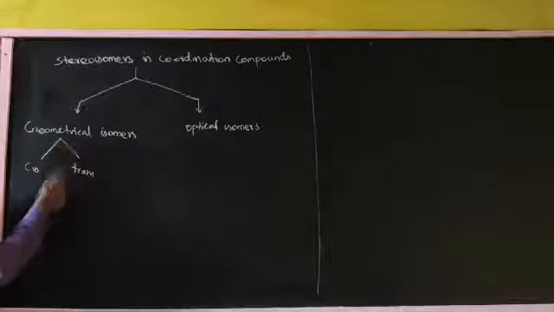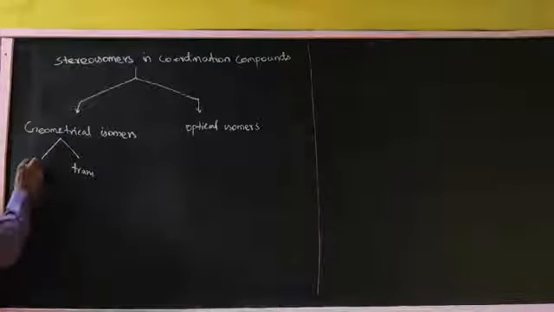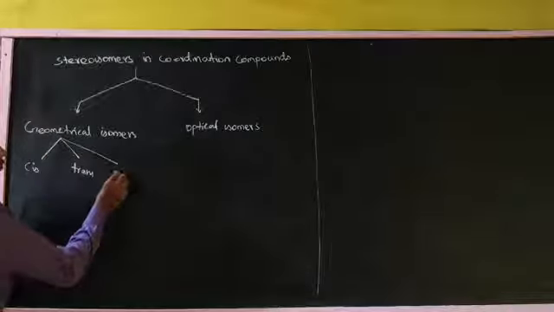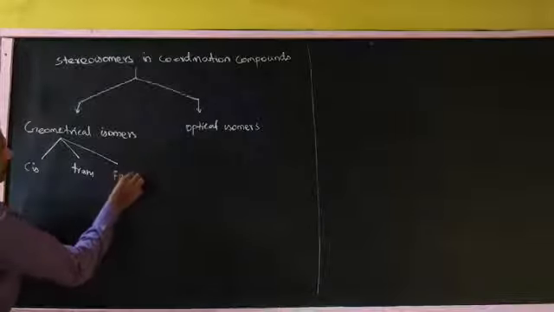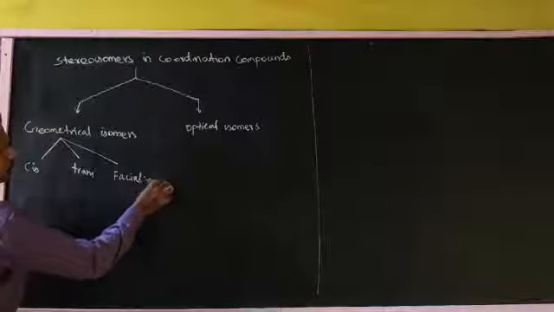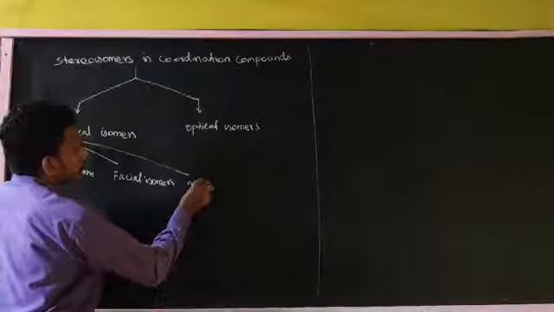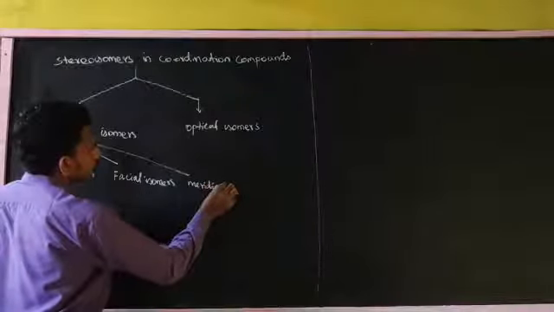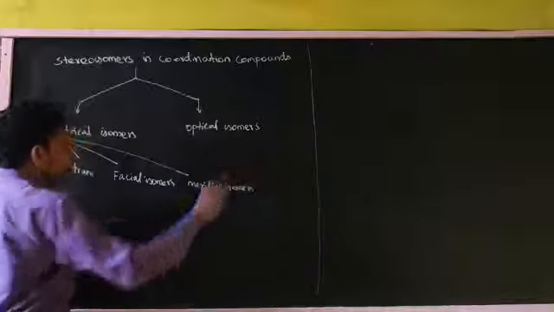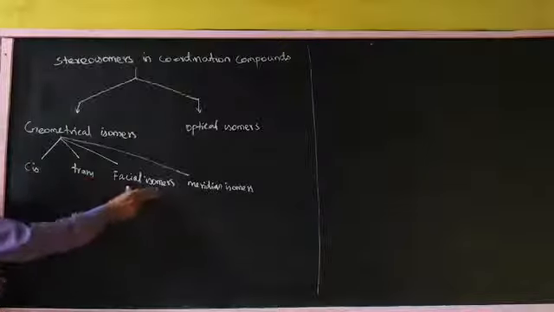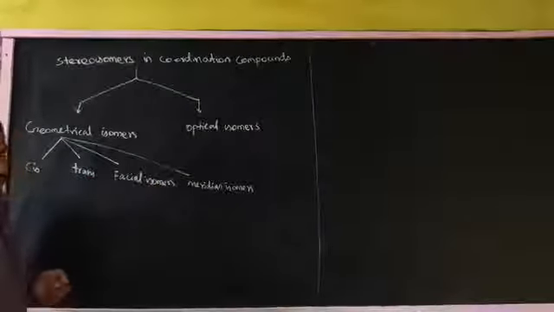In octahedral complex structure, we can make a cis and a trans position, and facial isomer and then meridian isomer, right? In square planar complex, we can apply only cis and trans. We cannot find facial and meridian isomer, right?